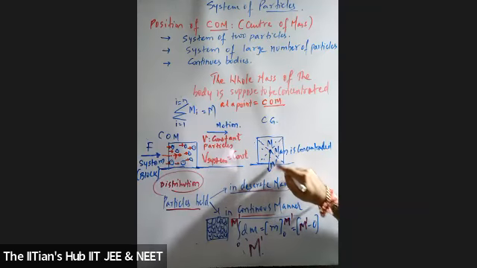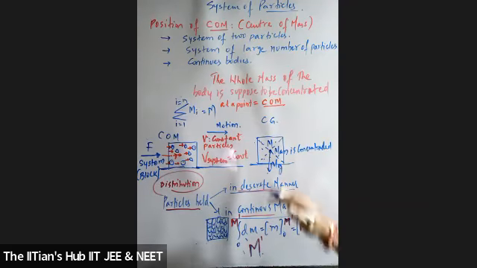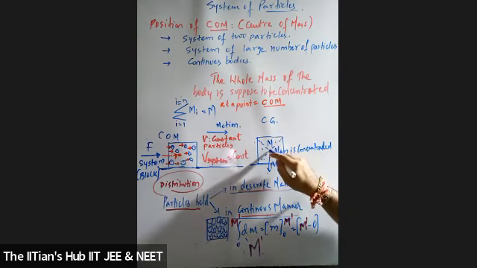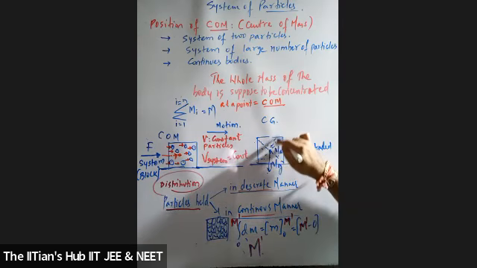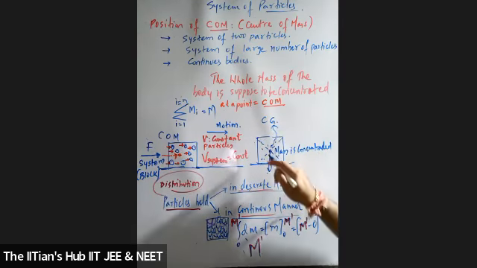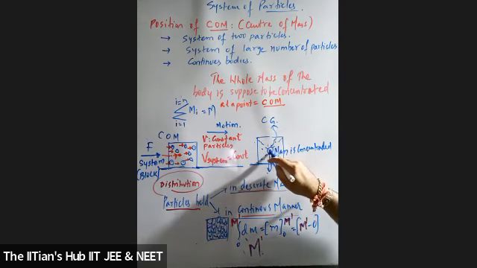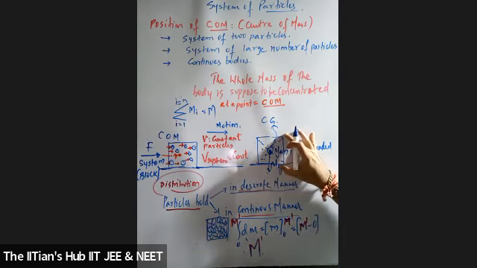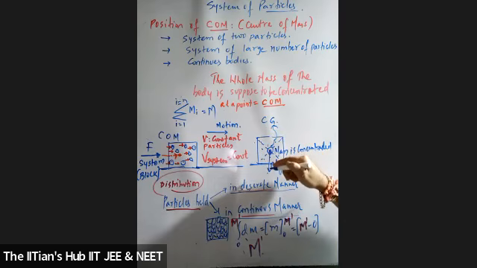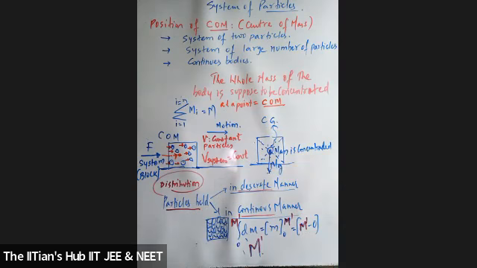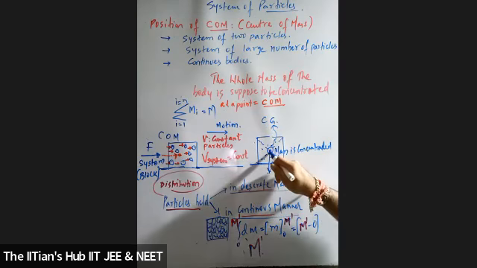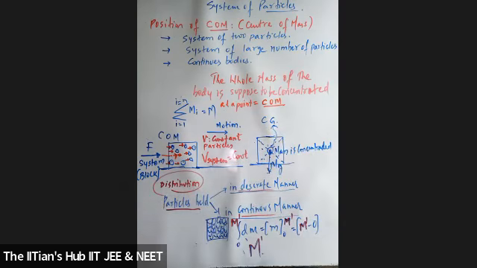But when I write this with respect to mg, force of gravity, then this point becomes center of gravity. So center of gravity, students, is a geometrical center of a body where the entire weight of the body is supposed to be concentrated. That point is called center of gravity.